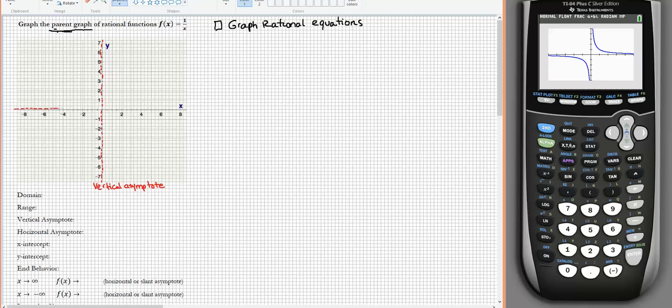And a horizontal asymptote is a line that the function approaches but never reaches, and never crosses. All right, and with a different color, I'm going to sketch the curve.